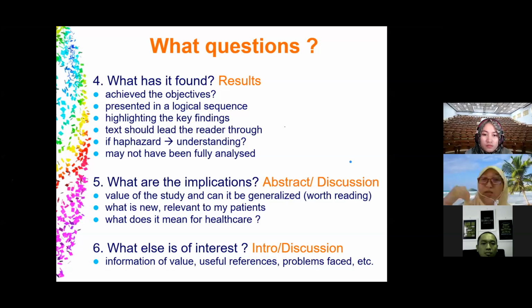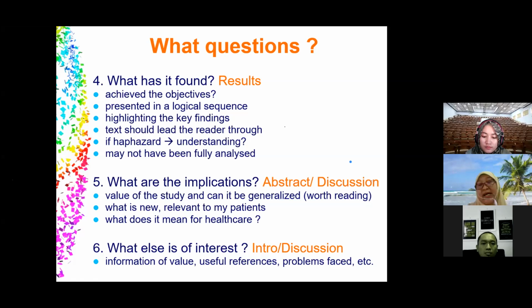Is it suitable for the Indonesian population? Maybe suitable if the topic does not involve culture, for example diet. If it is diet, it must be different. So whether it can be generalized or not, you have to think about that. Is there anything new that is relevant to your patient or your policy? So what does the finding of that paper mean for your healthcare?